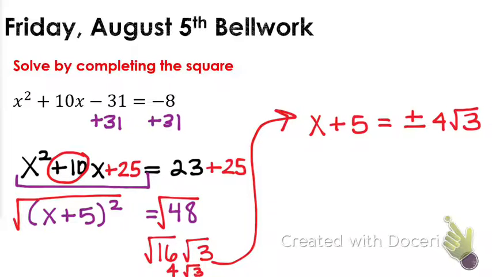But when you square root 48, because it's not a perfect square, we have to break that down. And our last step is to subtract 5 from both sides. So x is going to equal negative 5 plus or minus 4 root 3. And that would be your final answer.